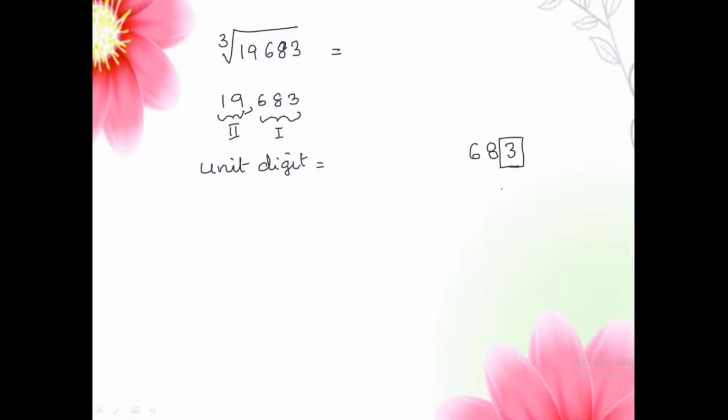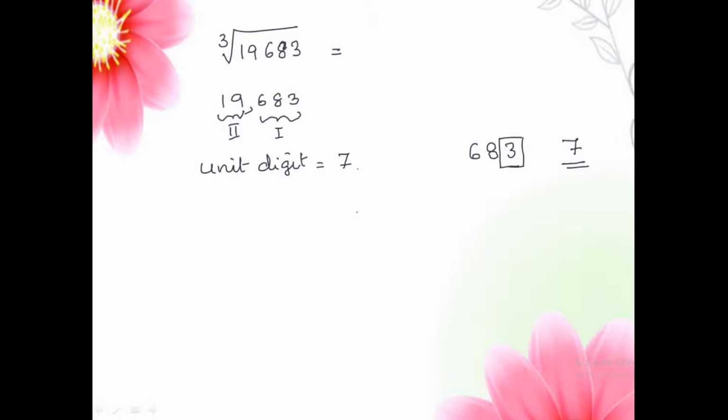Yes, we have learned that if a cube number ends with 3, then its cube root clearly ends with 7, that we have learned in the property of cubes. So the unit digit is 7.